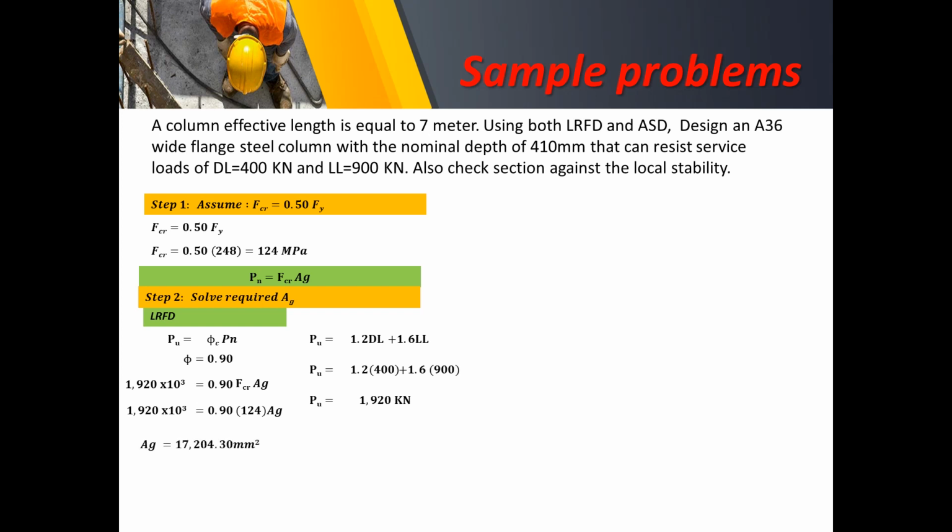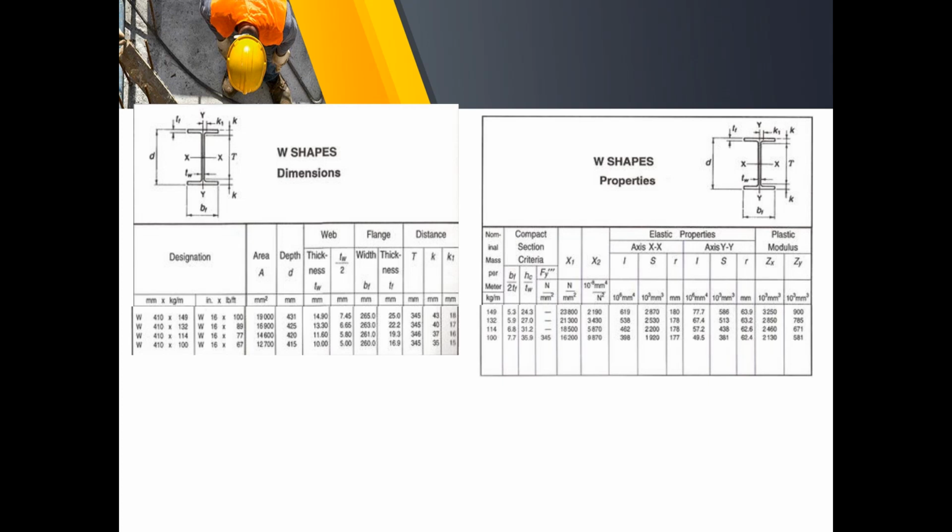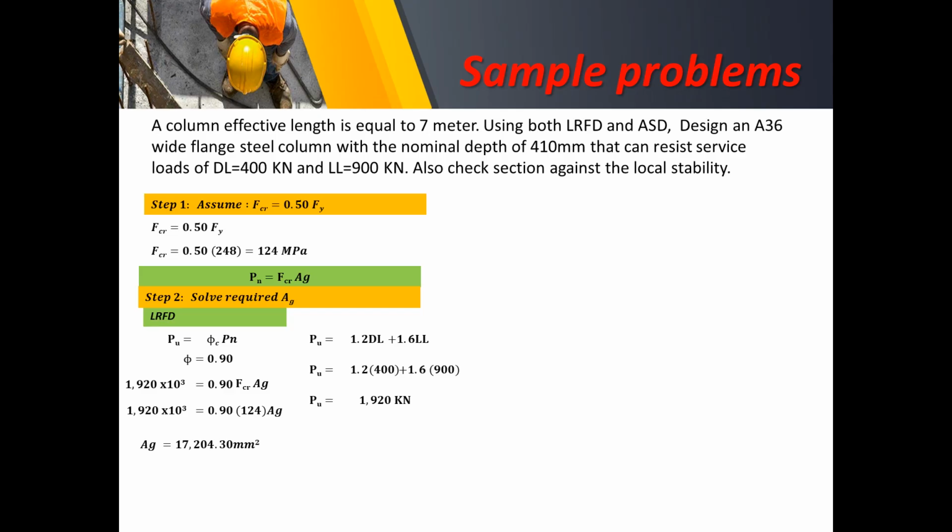So from that we can now estimate the gross area requirement from the loading, and the next step will be to choose from the steel tables the nearest area greater than the required area. Notice here that we need 17,000 plus for this.